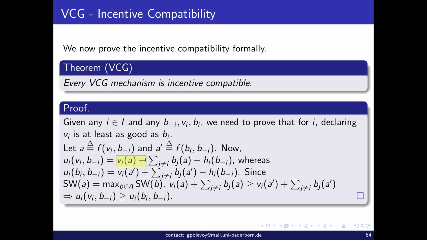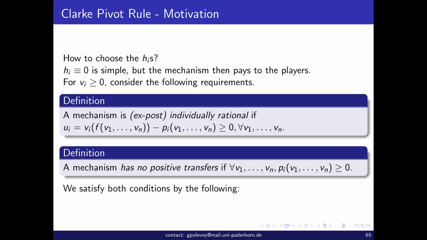These two elements of the first option are at least as large as the two elements of the second option. And the rest again does not depend on what I tell, H I of B minus I. And therefore, it's always at least as good for me to tell the truth as telling something else, whatever the others tell, true or not. So I proved that this mechanism is truthful. And the question is now how to choose H I.